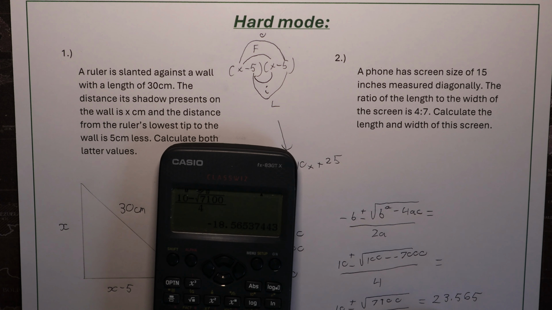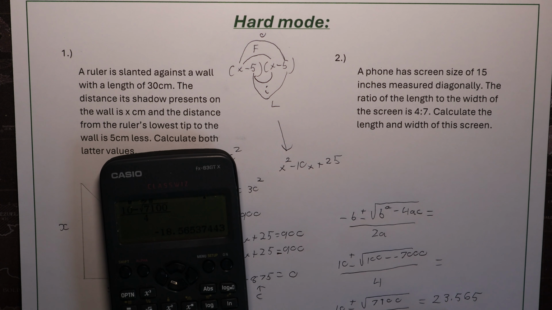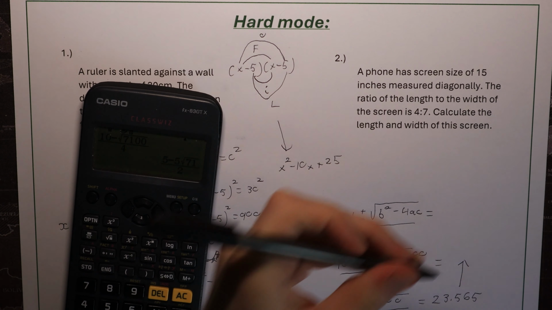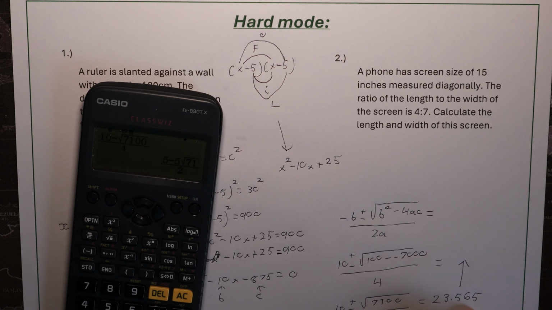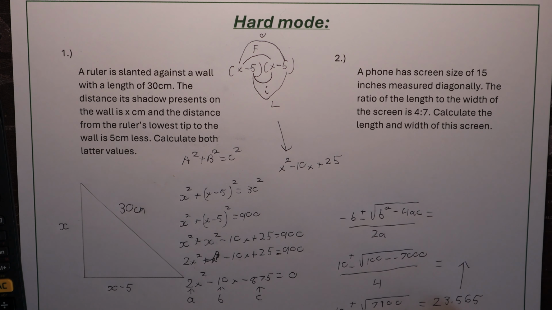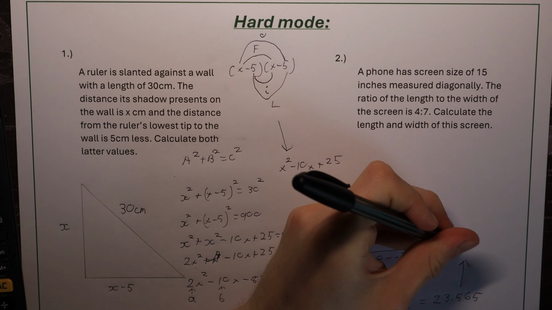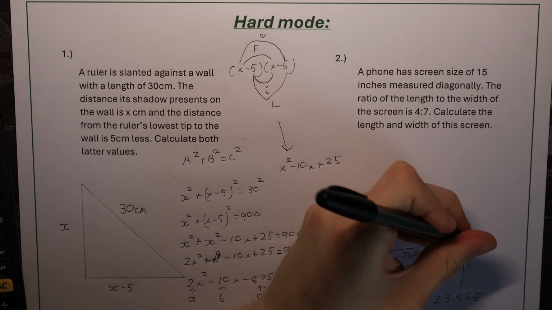So therefore we know that our answer will be akin to this. I'll just move this upwards for you guys. We need to do this to 2 decimal places now. Therefore to 2 decimal places, we have 23.57 centimeters.